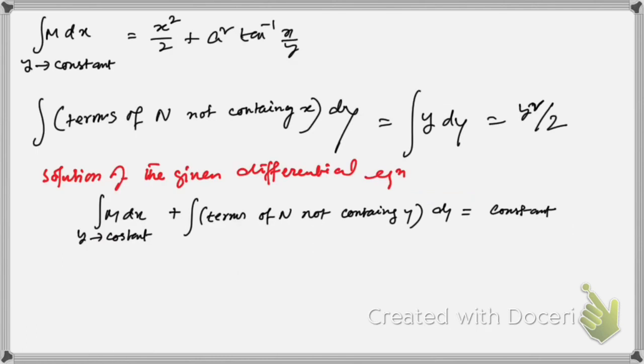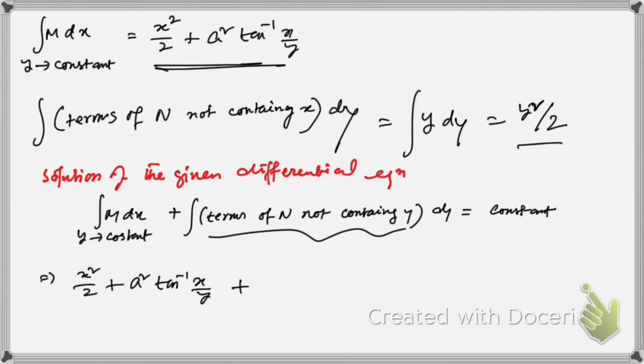So here you see, our solution will be in this case x square by 2 plus a square tan inverse x by y, then plus this result, y square by 2, then we have constant, let it be c. So this is the solution.